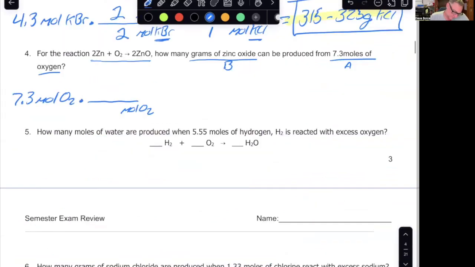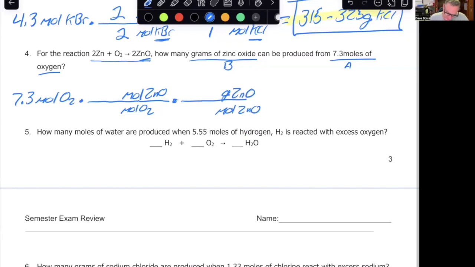Okay, so moles of oxygen to moles of B, which is zinc oxide. That's here. This is my compound. So I have it in moles, but I don't want it in moles. I want it in grams. So let's bring that bad boy down to grams of zinc oxide.